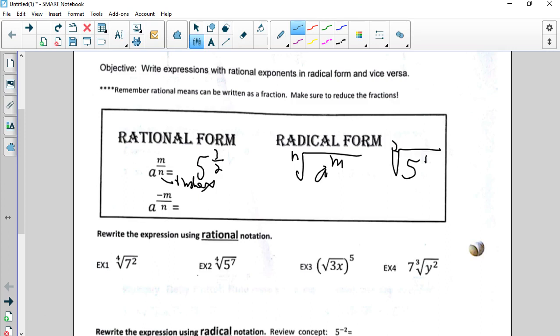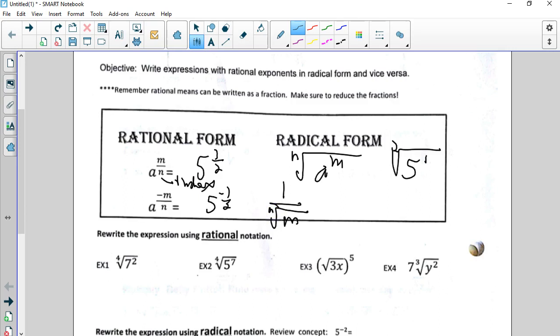Now, I'm going to also show 5 to the negative 1/2. Well, that just means 1 over a to the m/n.